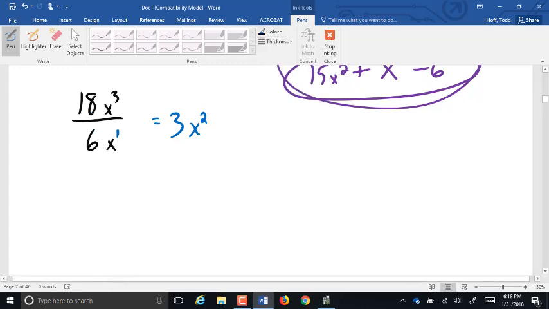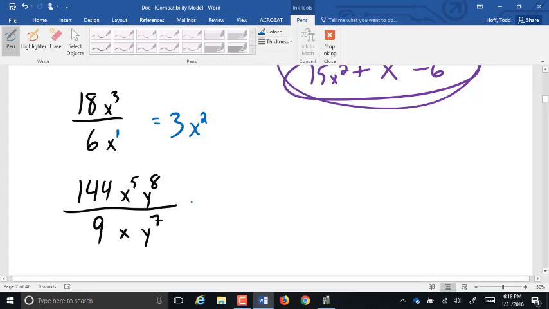We could have multiple names. We could have 144 x to the 5th, y to the 8th, divided by 9 x, y to the 7th. We divide the counts.